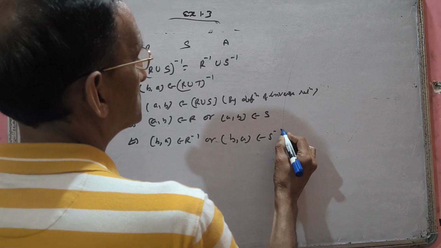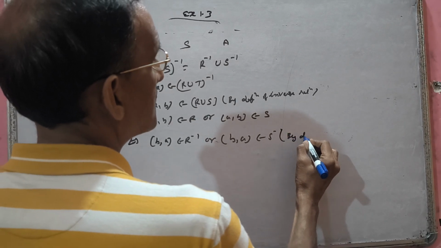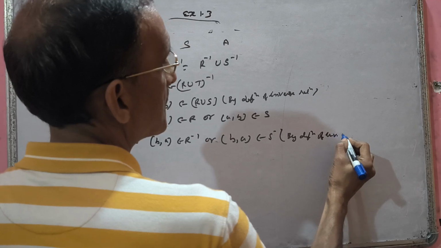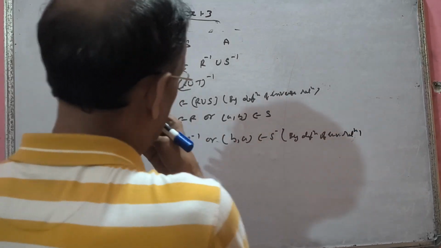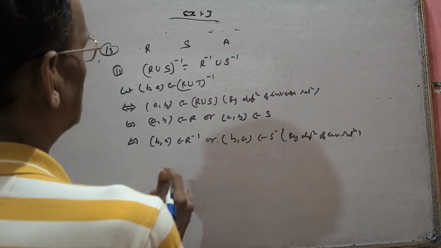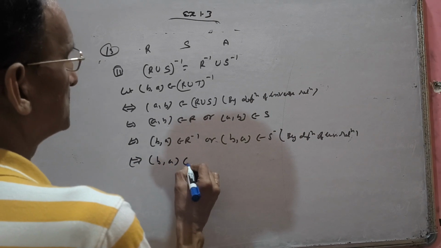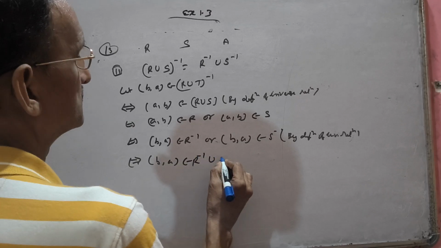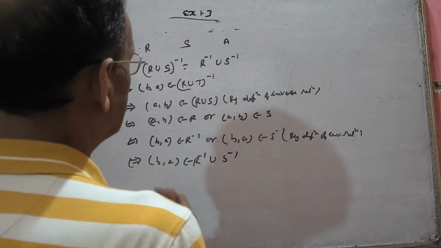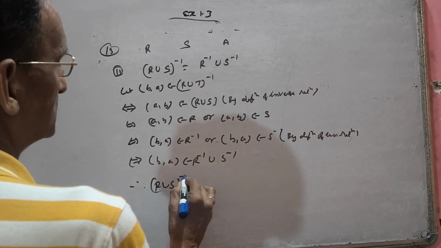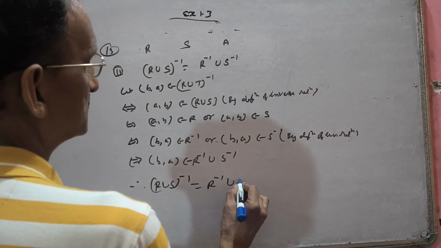This is by definition of inverse relation. Now, what is the meaning of OR? Union. So (b, a) belongs to R inverse union S inverse. Therefore, (R union S) whole inverse is equal to R inverse union S inverse.